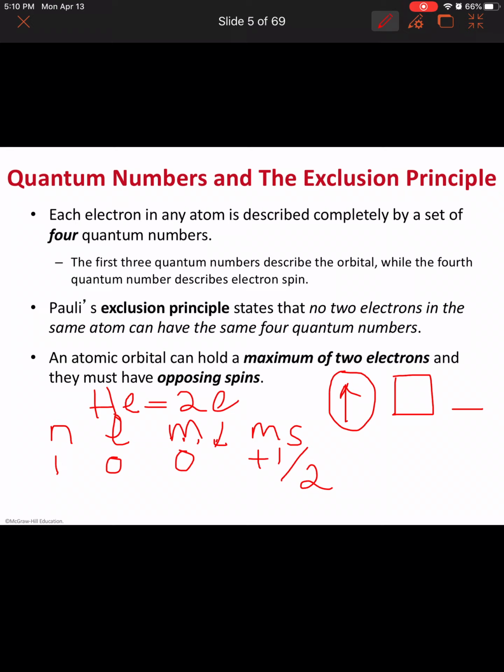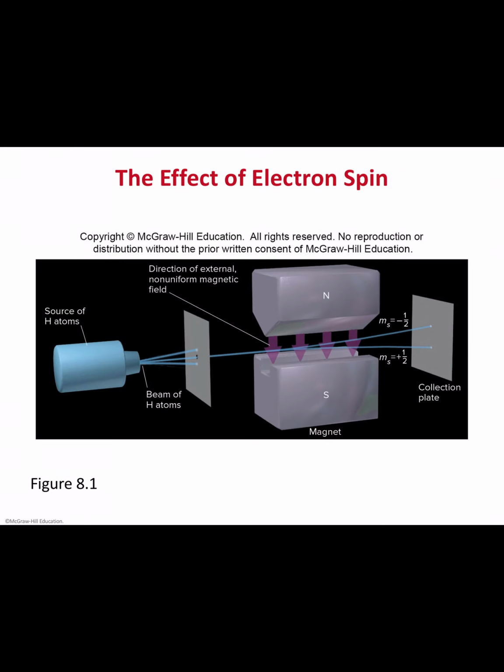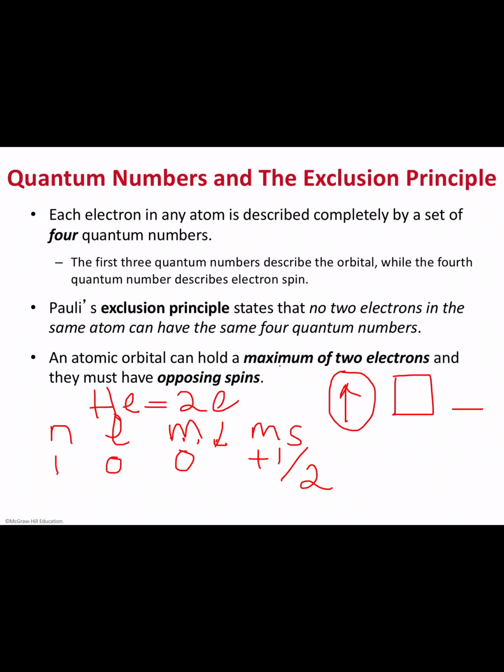And then the second electron for the helium, because it has 2 electrons, should also go to the same orbital, because one orbital can have a maximum of 2 electrons. Do you see that? A maximum of 2 electrons, and they must have opposite spins.